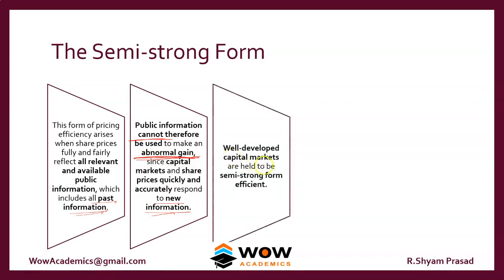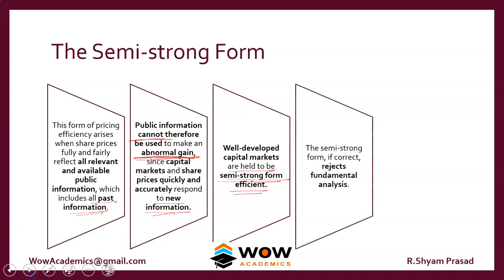Well-developed capital markets are held to be semi-strong efficient, because there are so many people analyzing the annual report of a company. So publicly available information is just a waste of time, and that is what research has proved for semi-strong information also. The semi-strong form, if correct, rejects fundamental analysis.